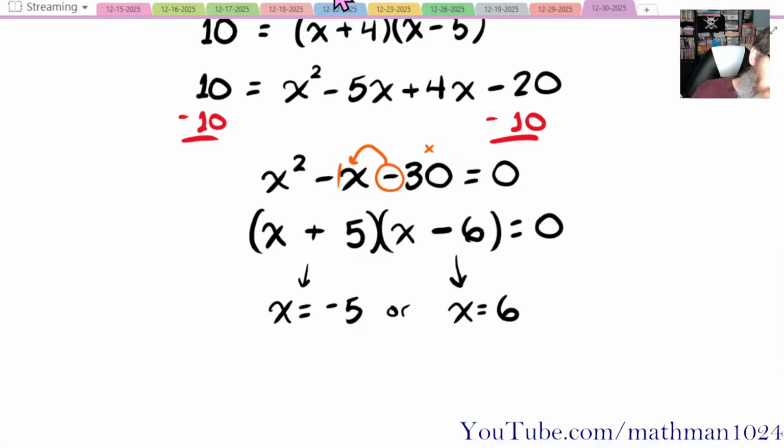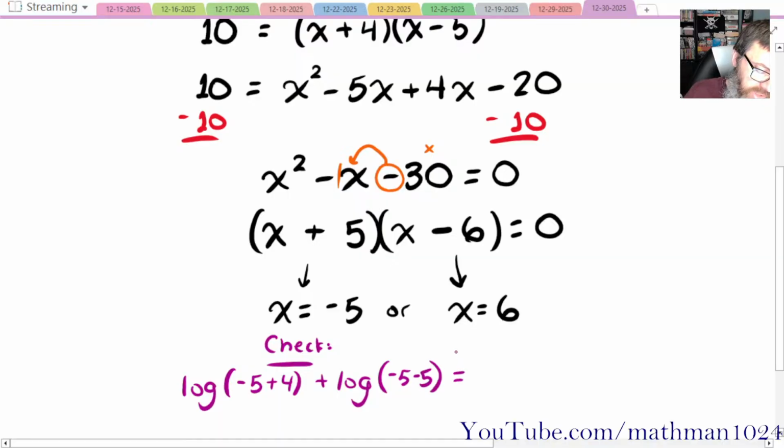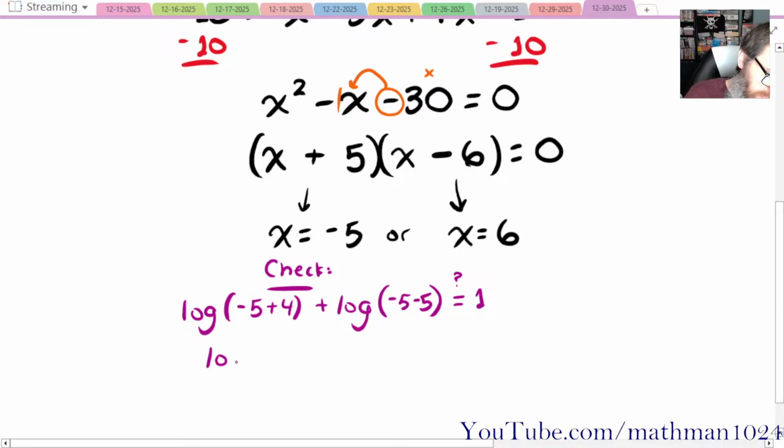All right, so let's check this guy. Now, if you see what we had up above, we need to check this. Log of, it was x plus 4, so negative 5 plus 4. The other part was log of x minus 5, so this is negative 5 minus 5. We want to see, does this equal 1? Well, we end up with log of negative 1 plus log of negative 10.